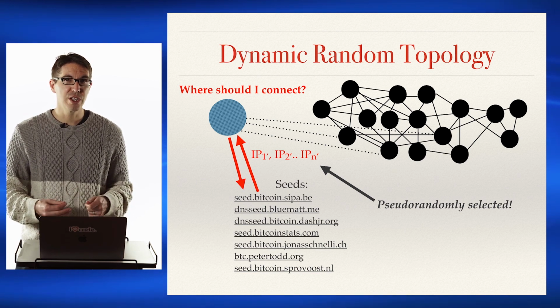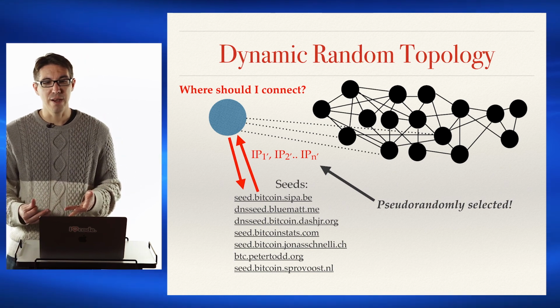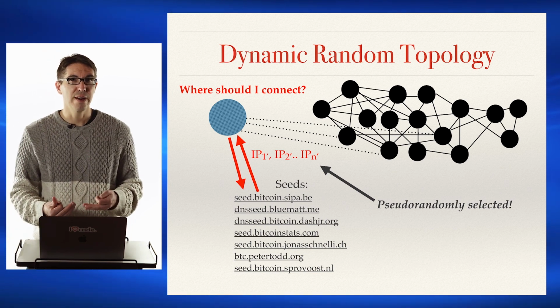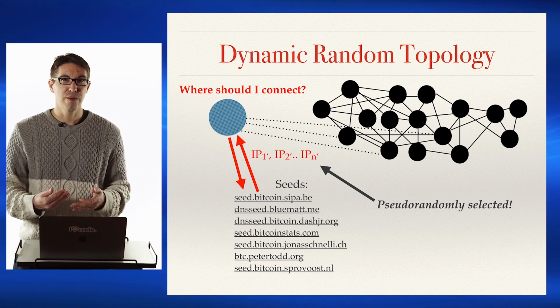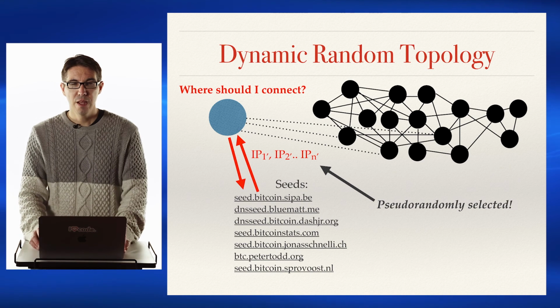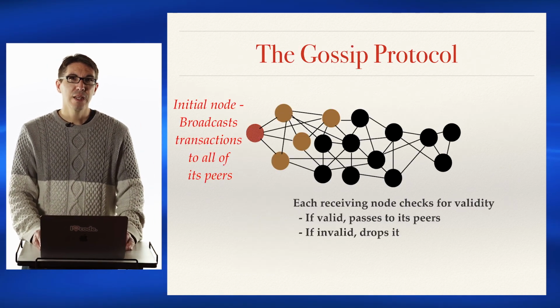So that little network diagram at the top of the screen is actually something that will change continuously. But you'll find a few different nodes to connect to. After this, you are now one of those nodes in the Bitcoin network.